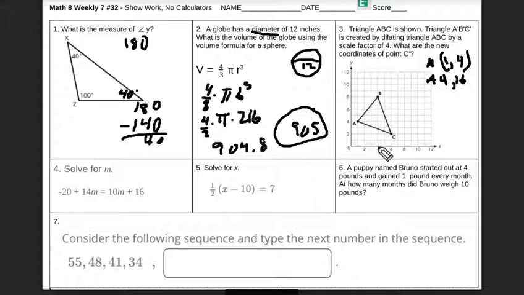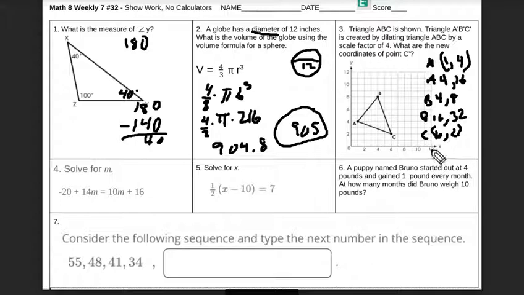We're going to look at B. It's 4 and 8. So 4 times 4, 16. Okay, and then we need to do 8 times 4, 32. So that's our new coordinate for B. Now we need to look over and find out what C is. We got 6, 2. So C is 6, 2.